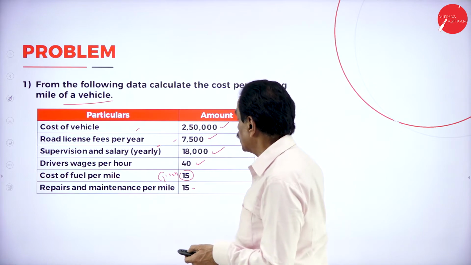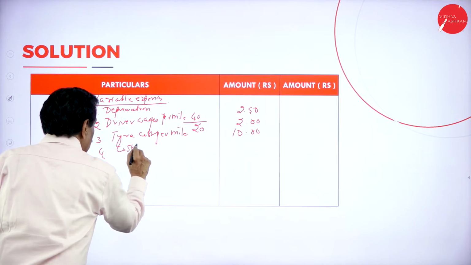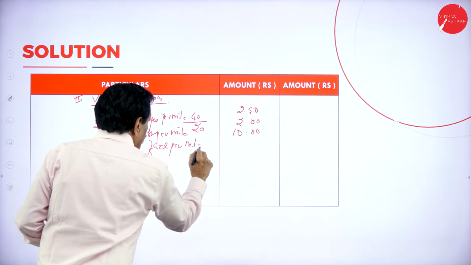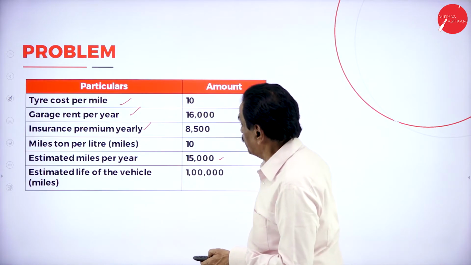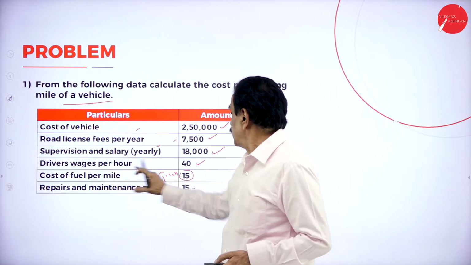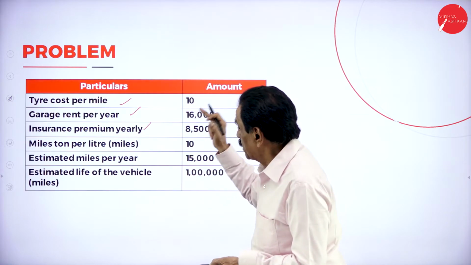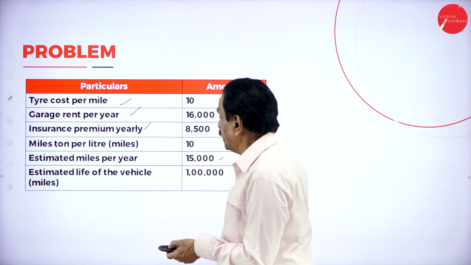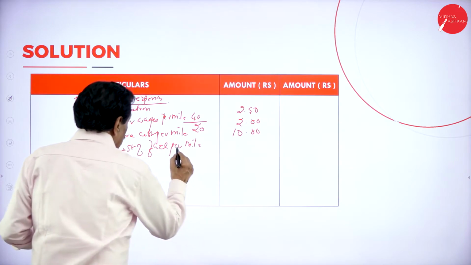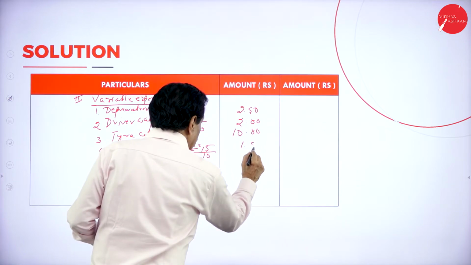Cost of fuel per mile: for 10 miles it will go 15. Therefore, cost of fuel is equal to 15 divided by 10, 1 rupee 50 paisa.